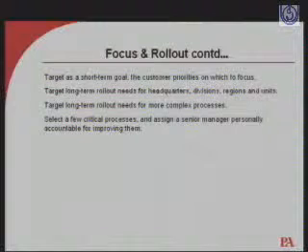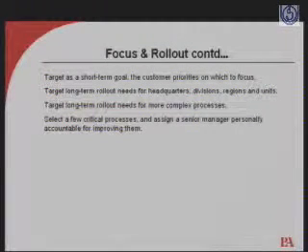Sometimes we define some threshold limits, and sometimes we think that if we can achieve that, we will say that you have achieved distinguished performance. So then again, the target as a short-term goal, the customer priorities on which to focus. Target long-term rollout needs for headquarters, divisions, regions. Target long-term rollout needs for more complex processes.